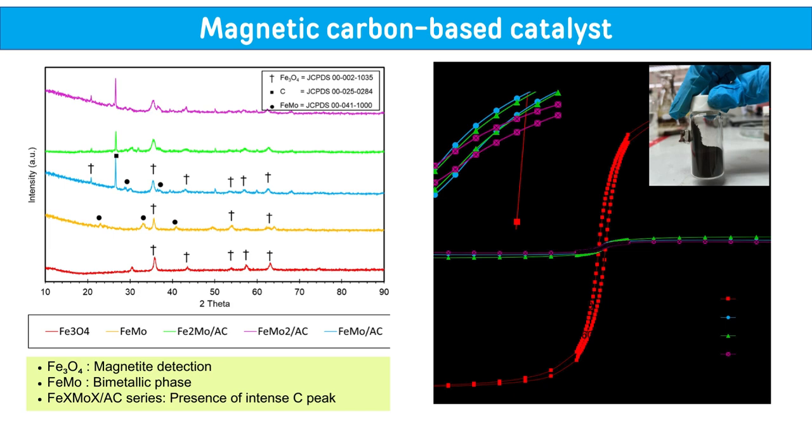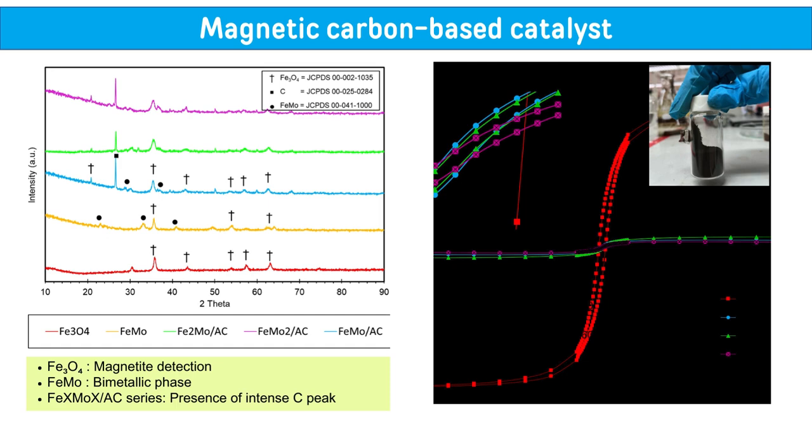From our XRD, we can see the detection of magnetite species, which is our Fe3O4. FeMo peaks show the presence of bimetallic metal phase. For FeMo supported on activated carbon, we can see that the intense carbon peak is visible, and also the presence of bimetallic FeMo.